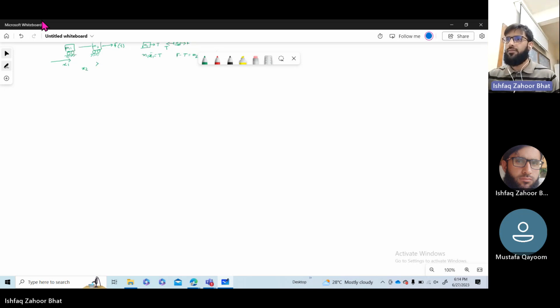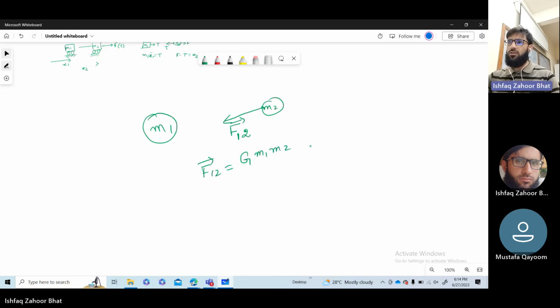Okay, so I am saying that in previous cases, if we take M1 and M2, there was a force F on 2 due to 1, and we saw that we could write this F12 as the gravitational constant times m1, m2, r12 upon r12 cube.